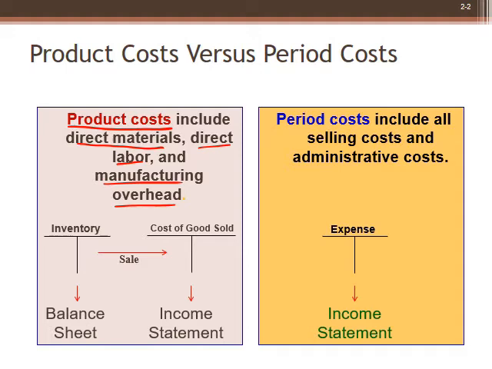So product cost is basically all the costs that are involved in acquiring or making a product. It means product cost affects either the balance sheet or the income statement.